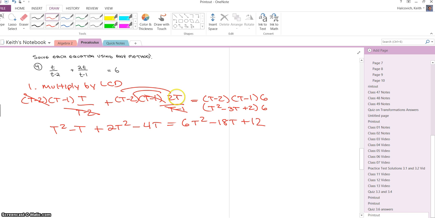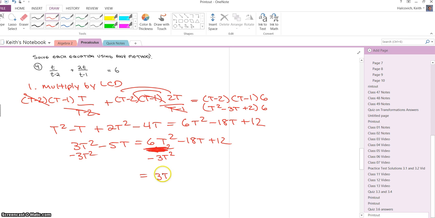Now combine like terms first, so 3t squared minus 5t. And then move the 6t squared over. Actually, let's pause that for a second. We're going to move the 3t squared this way to keep the t squared term positive.